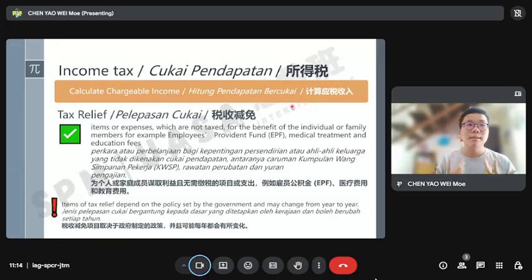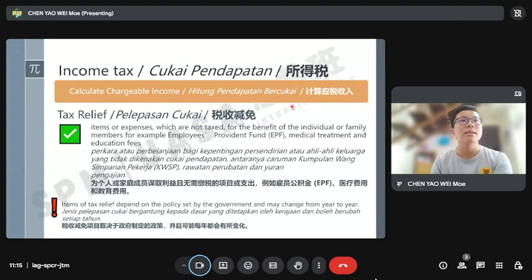So you include this in the tax relief. EPF, every worker has this EPF account. Okay, but this tax relief depends on the policy set by government and may change from year to year.